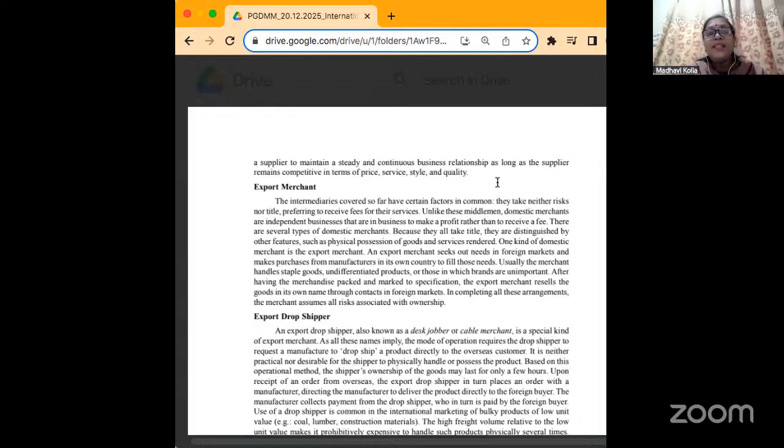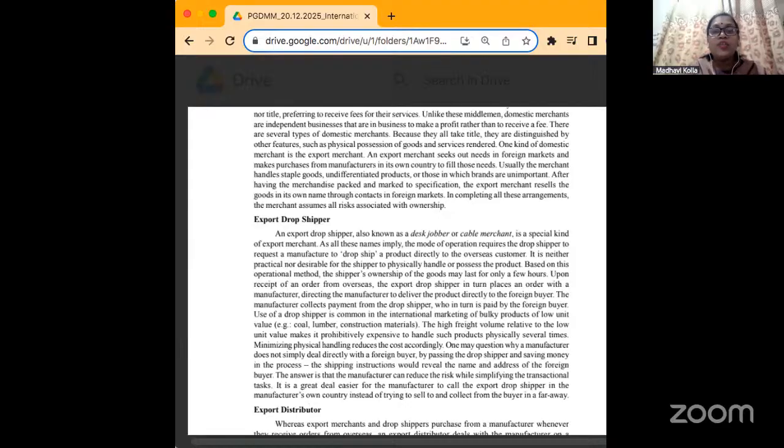But unlike these middlemen, when we talk in terms of export merchants and domestic merchants, they're independent businesses. They're not individuals, but they are companies themselves. And they want to make a profit rather than a commission on each transaction. So the orientation of a merchant is very different from that of an agent.